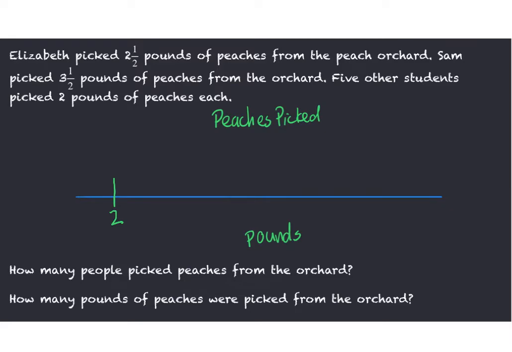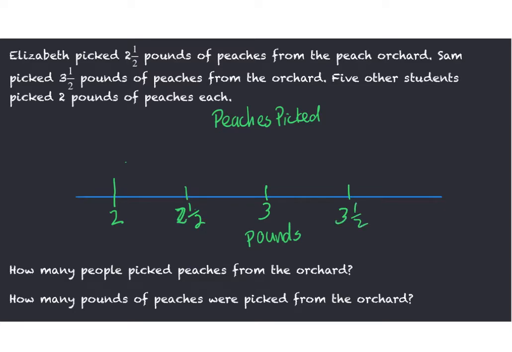And since we have whole numbers and then halves, I'm going to go up to 2.5 next. Oops, messed that one up. Let me fix that real quick. Two and a half, then I'm going to go up to 3, and then I'm going to go up to 3.5.